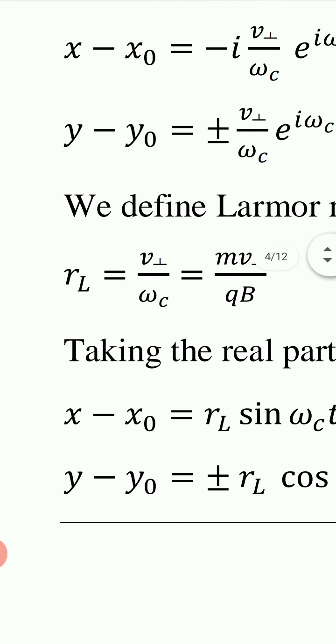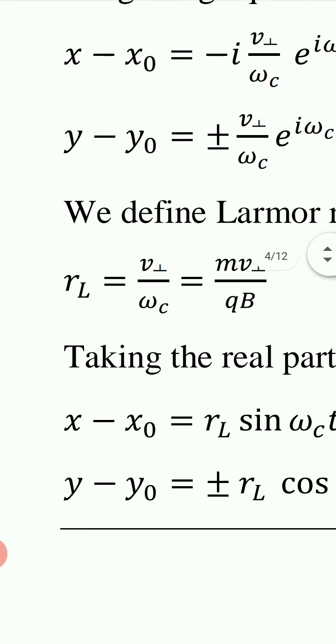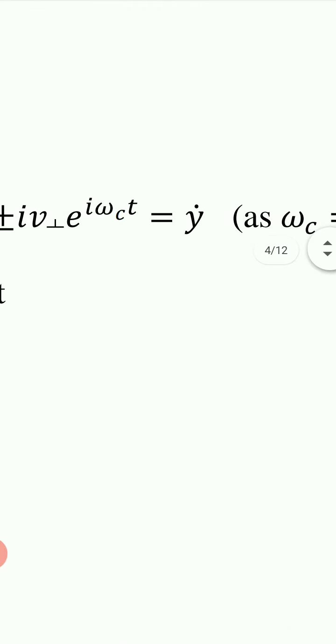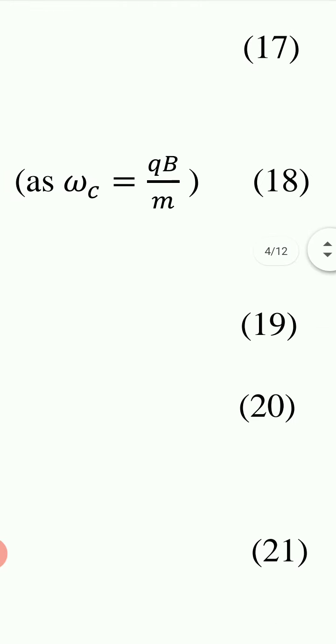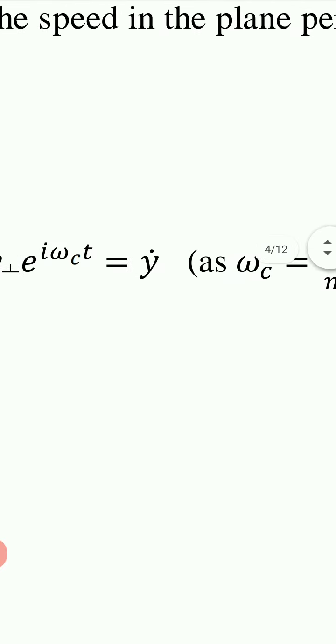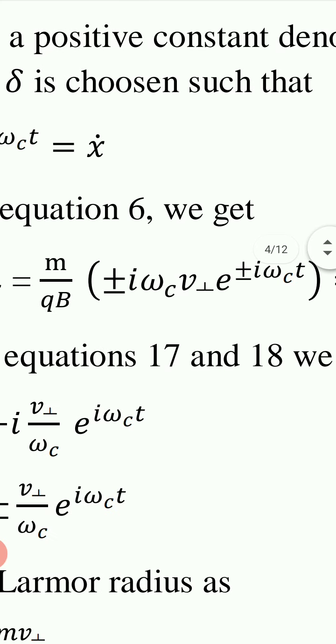Similarly, by integrating the other equation for y dot, we get y minus y0. y0 is also the value of y at the initial time t equal to 0. So by integrating these two equations, this is equation 18 for y dot, that is dy upon dt, and this is equation 17 for x dot.